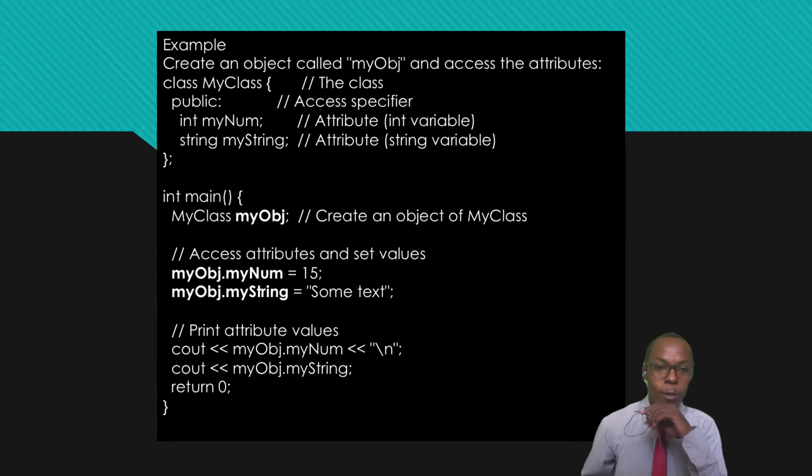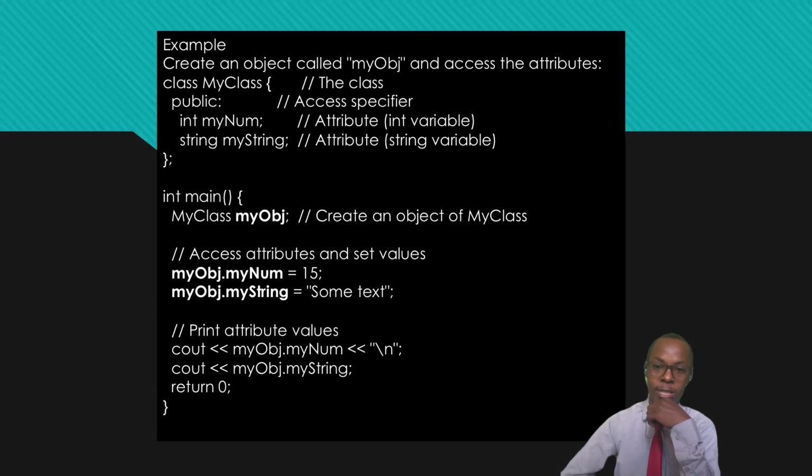And this is the object declaration. If you want to access the member variables, the data members, my number and my string, we use this operator, which is called the access operator.